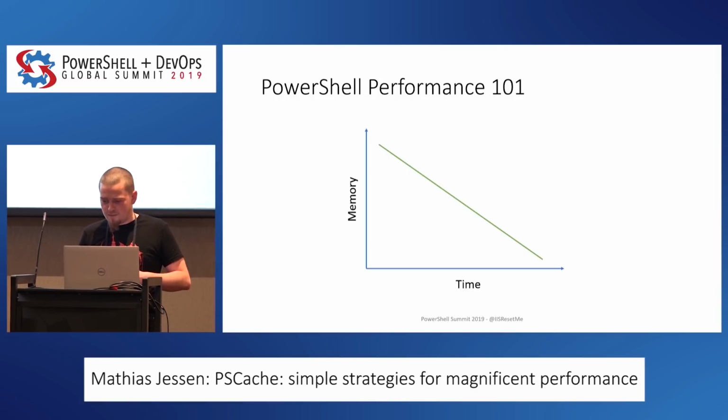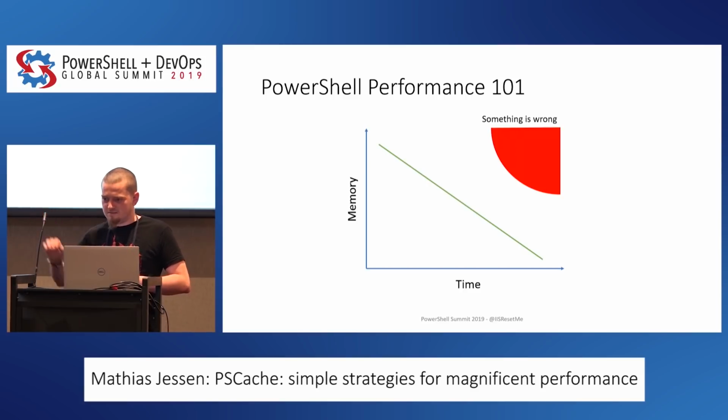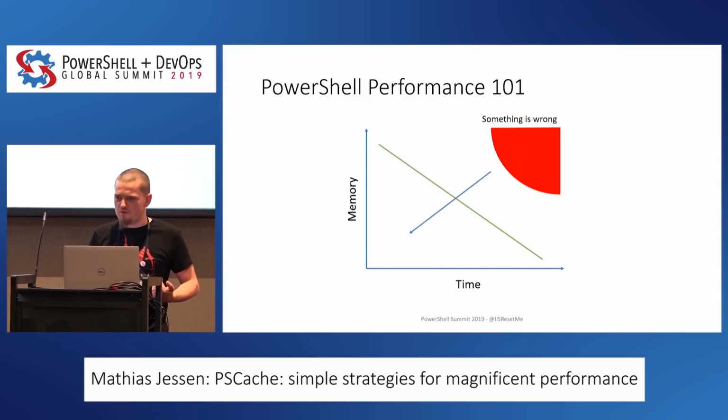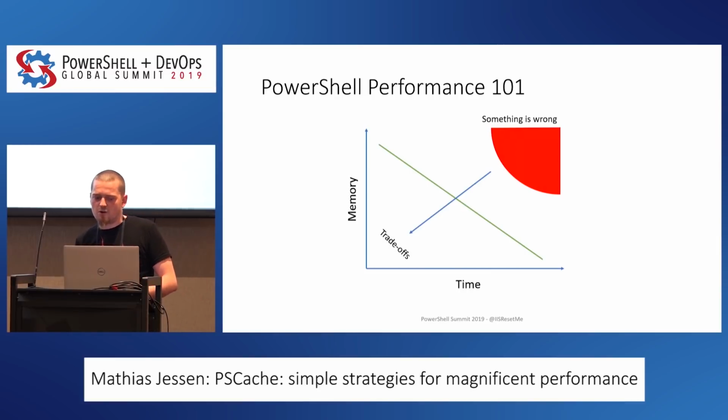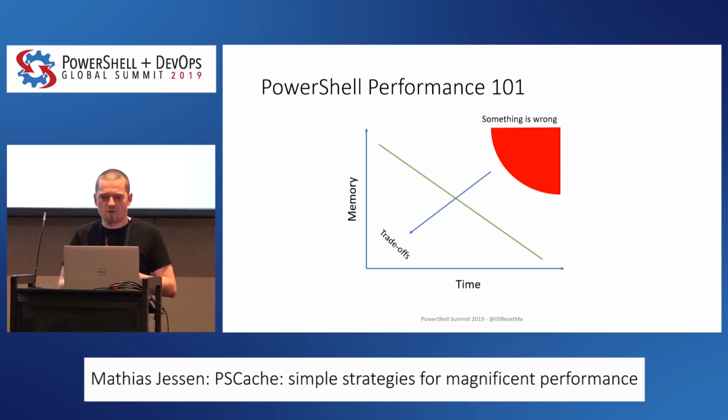Your boss is not going to be happy about that. If you find yourself up in this wedge up here, something's wrong, right? So basically what we want to do is move down towards this corner down here where we keep memory pressure low and runtime is as fast as possible. As I said before, as soon as we do that, there are going to be some trade-offs.